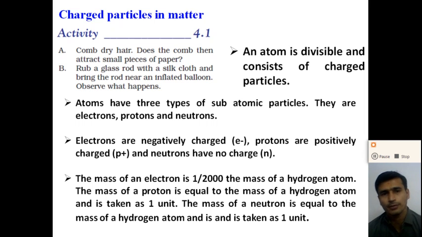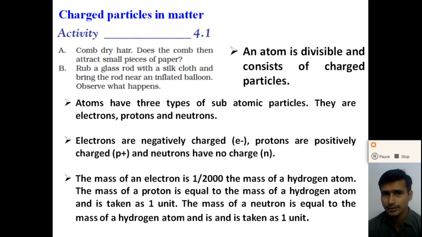So from this activity you can say that there are some charged particles in matter. Positively charged particles are there, and negatively charged particles are there in matter. When we rub a glass rod with a silk cloth, the glass rod becomes negatively charged, whereas the silk cloth becomes positively charged.